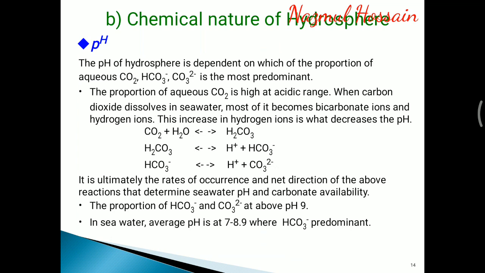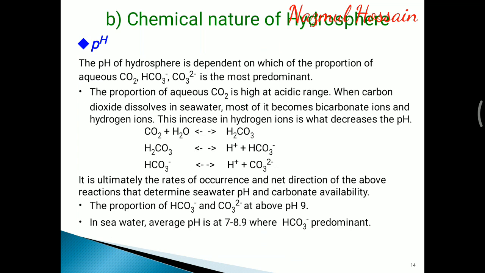When carbon dioxide dissolves in seawater, most of it becomes bicarbonate ion and hydrogen ions. This increase in hydrogen ions is what decreases the pH.